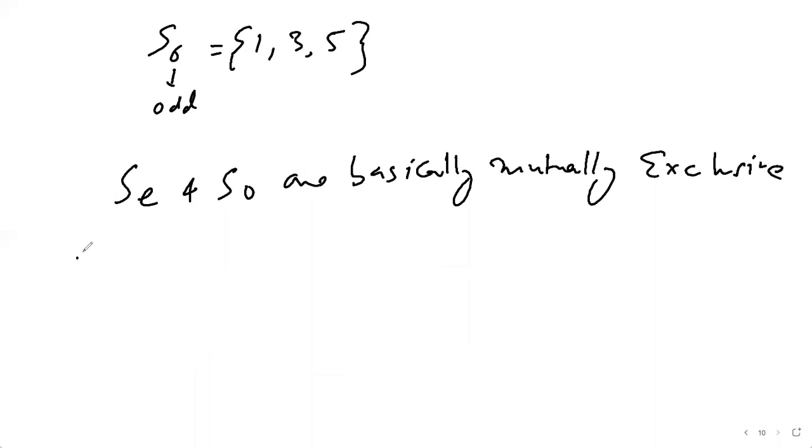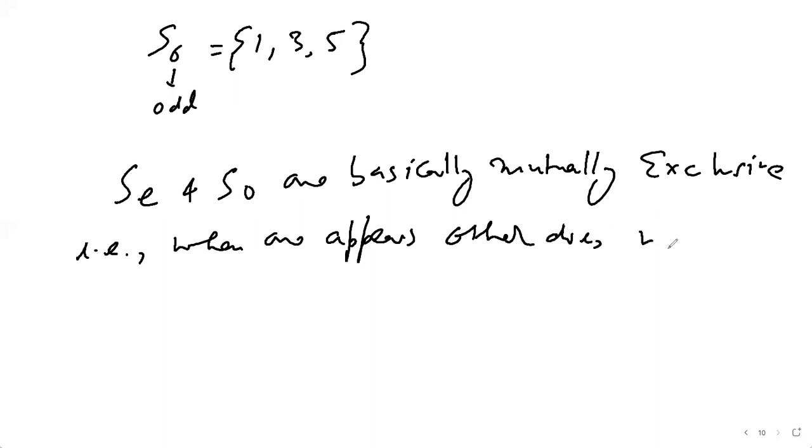That means when one appears, the other does not. Or maybe they could be called disjoint too. So now how do you define the probability, right?